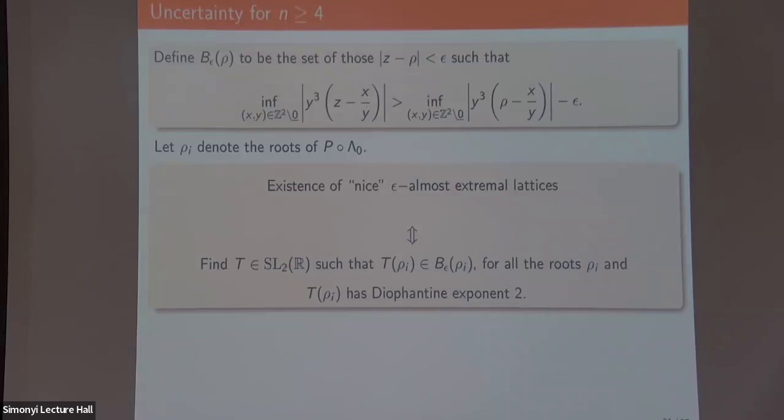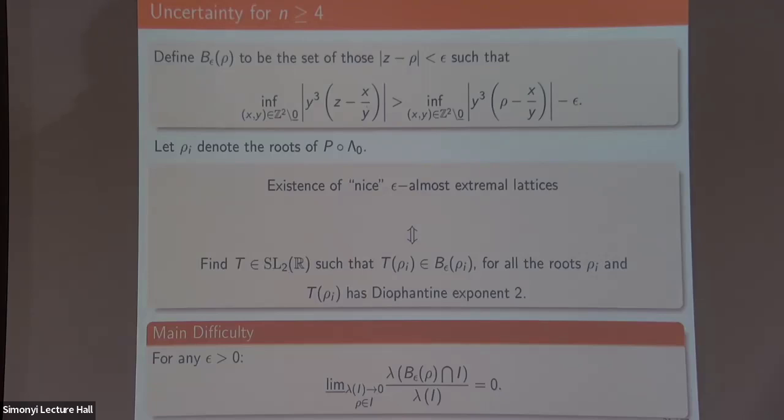So the hope is that if you choose an interval, with the length of the interval going to 0, the length of the interval intersected with B epsilon of rho over the length of the interval tends to 1. If this was true, we could resolve this. But this is not true.